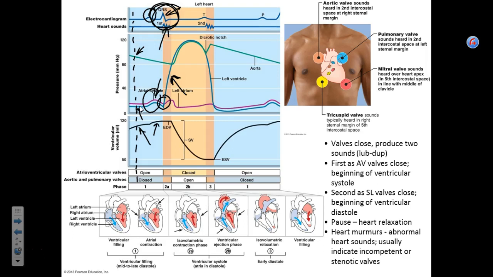At this point, you see the blue line goes above the green line. I don't think I can enlarge it.